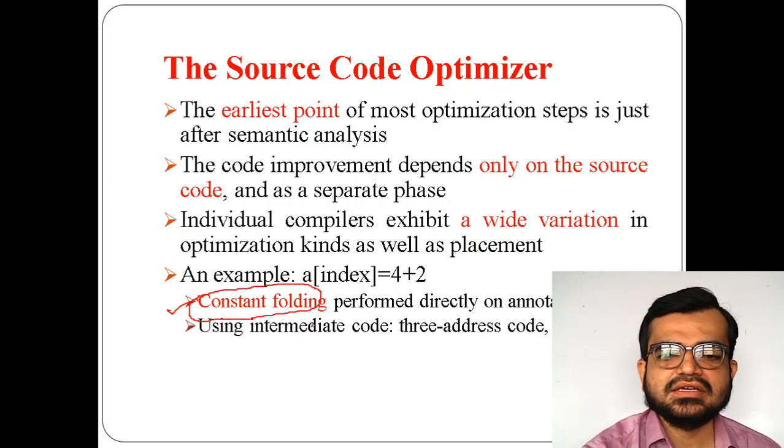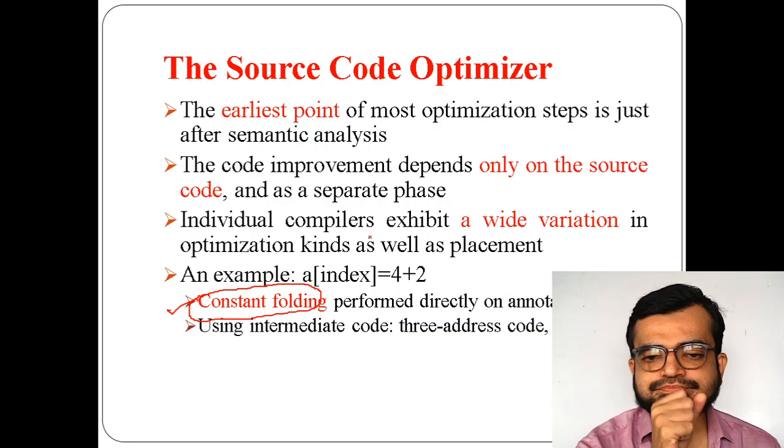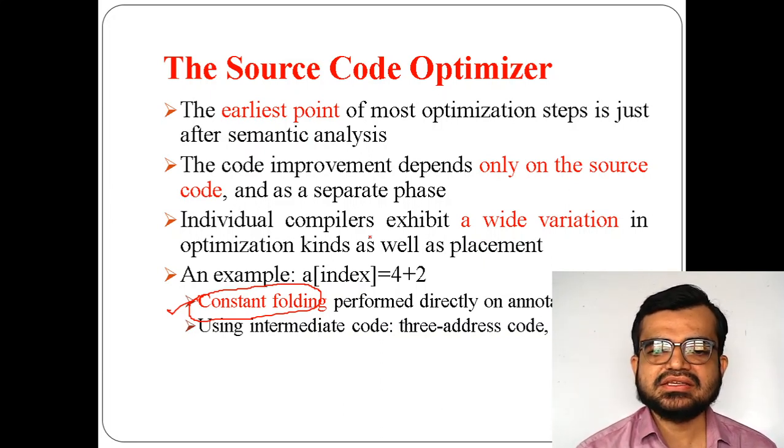Constant folding means, for example, A of index is equal to 4 plus 2. Now 4 is an integer and 2 is an integer, so it directly adds the values 4 plus 2 to get 6 and gives you A of index as 6. So you are folding the values which have the same type. That is constant folding.